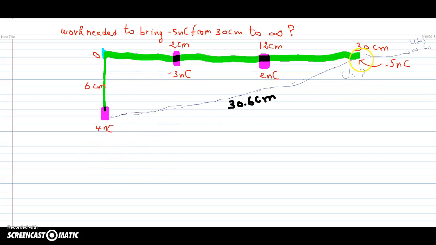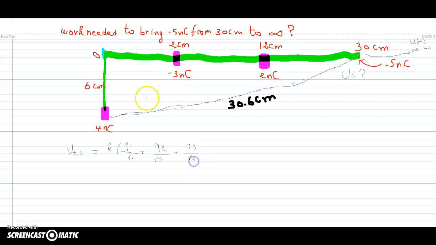So let's evaluate the voltage here due to every charge. The voltage due to all charges is equal to the constant K that I'm going to factor out, then charge Q1 over R1, plus charge Q2 over R2, plus charge Q3 over R3.